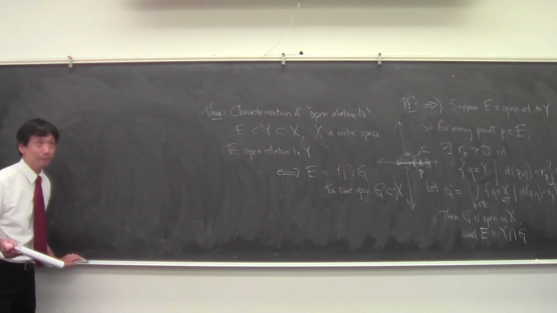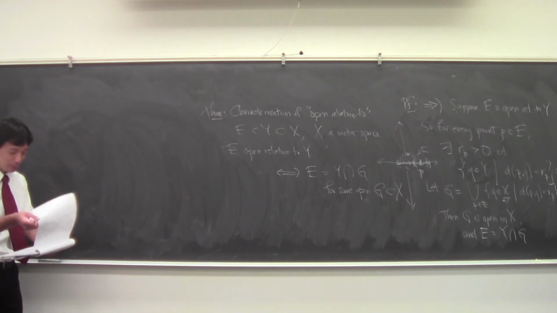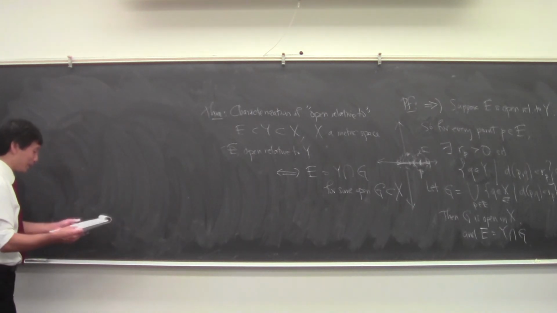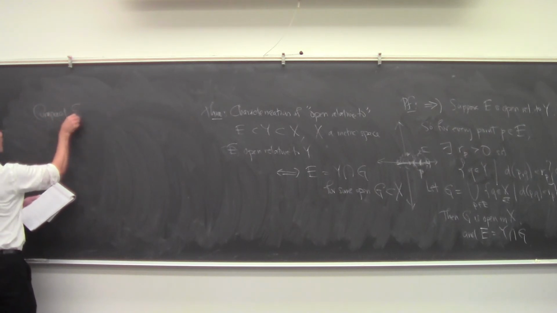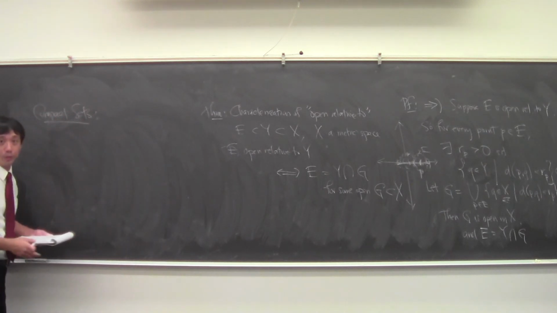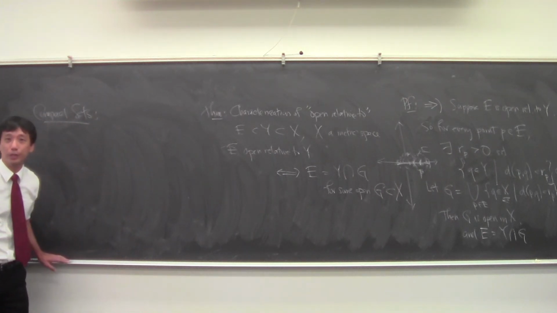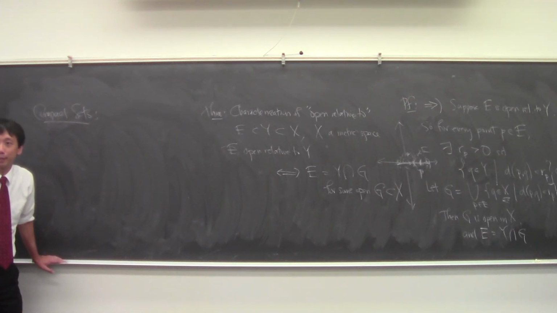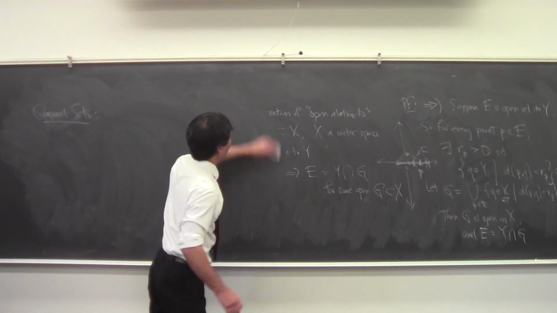Okay, so we have a few minutes. Let's at least try to get a first glance at this important notion of compact sets. This is one of the most important ideas, and it's kind of hard to get.